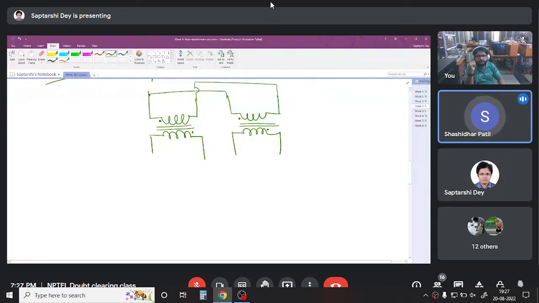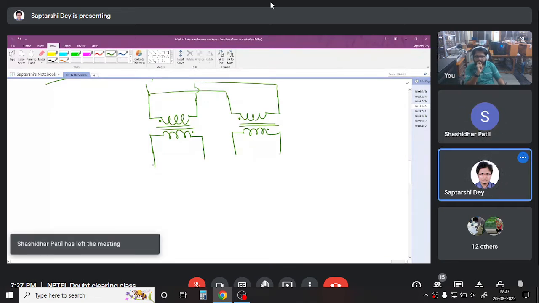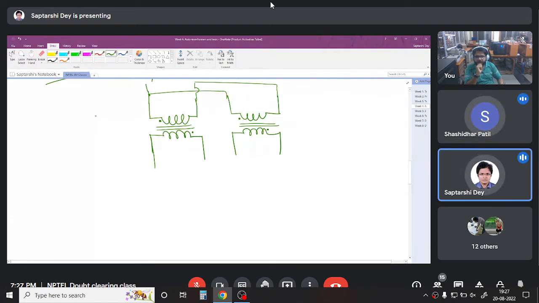Regarding that polarity test, is it necessary to apply the full primary voltage? No, that is not required. We can apply a small voltage. If you have a kV range transformer, you can go for 100 or 500 volts. But it shouldn't be very small, because the transformers are not ideal.